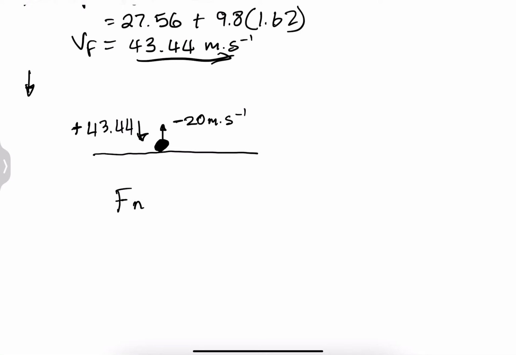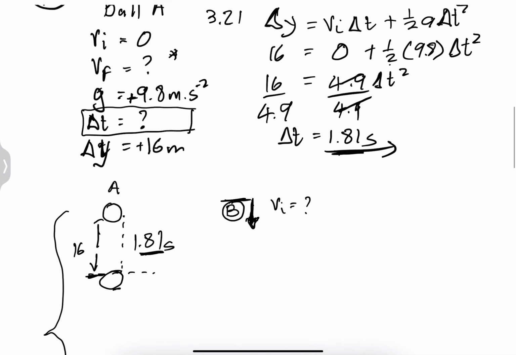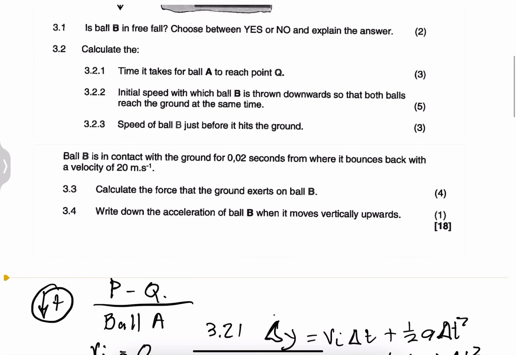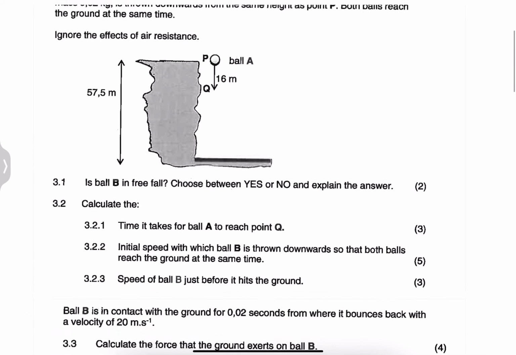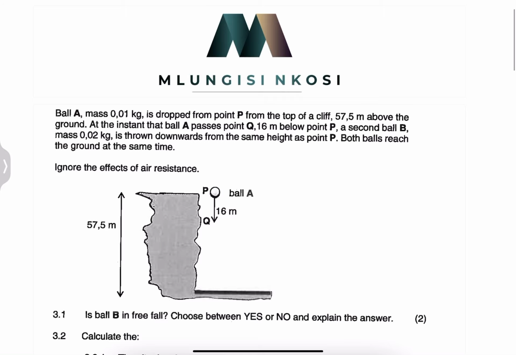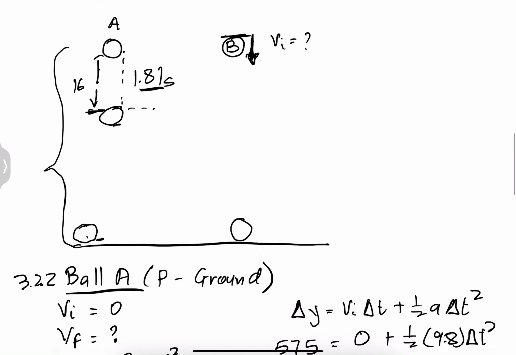So I'm going to say F net delta T is equal to the change in momentum. We are looking for the force that the ground exerted. Remember, they gave the time, 0.02, and the mass of ball B is 0.02 kilograms.